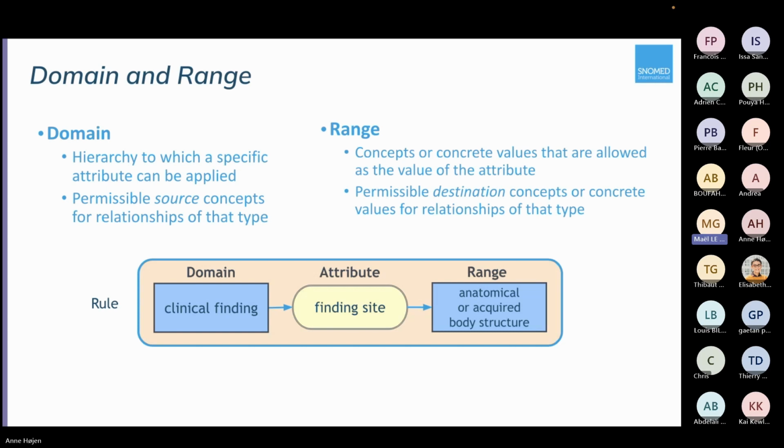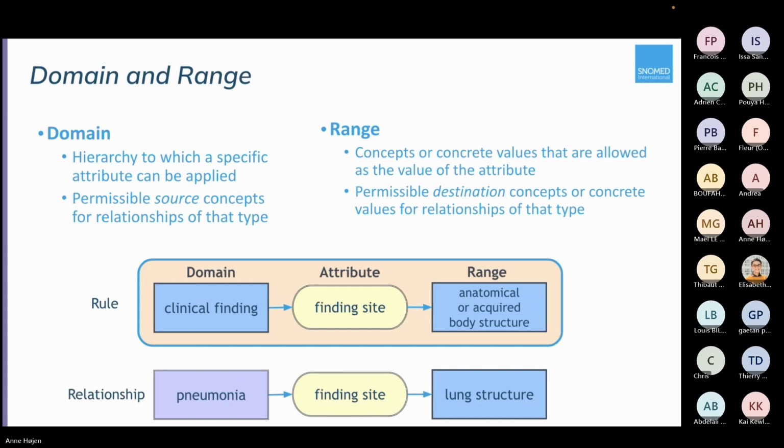And this is important when we start to query, because maybe we want to be very explicit about what defining properties we set as criteria for our query. So these general rules, they are manifested by relationships. So a concept such as pneumonia, which is in the clinical finding hierarchy, has the finding site of lung structure. And here you see lung structure falls within the range of the rule for the range of that attribute.